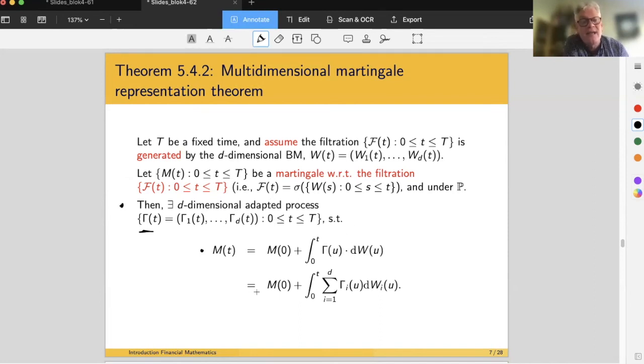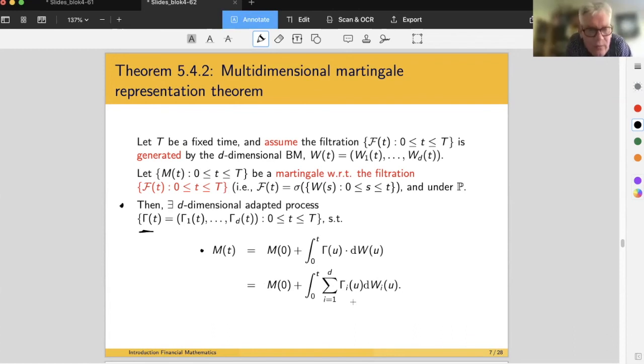And if we write that out into components, it says it's equal to M0 plus the integral from 0 to little t, the sum i runs from 1 to d, gamma iu dWiu. So a sum of these terms.